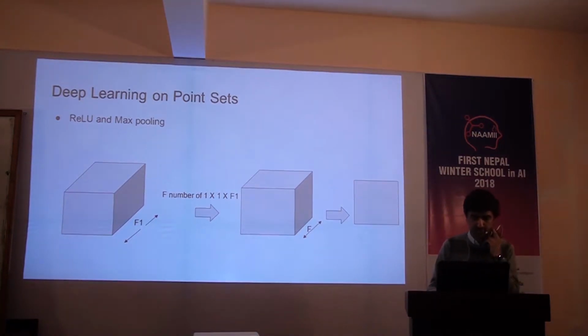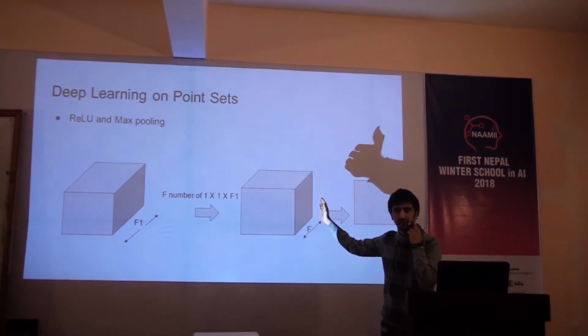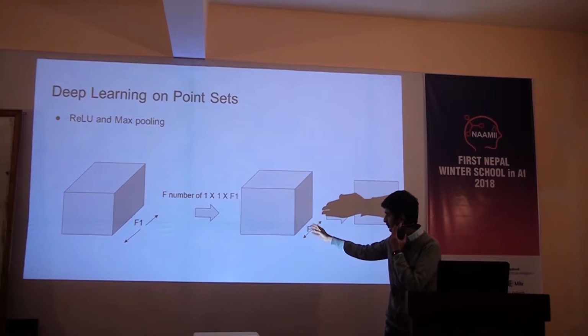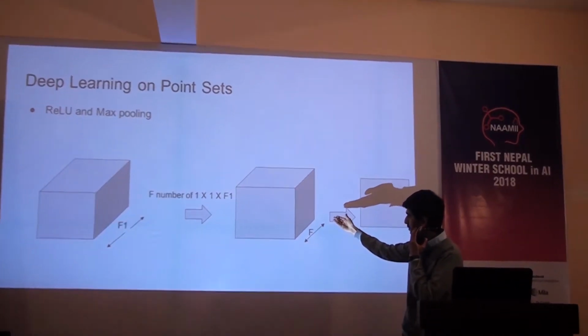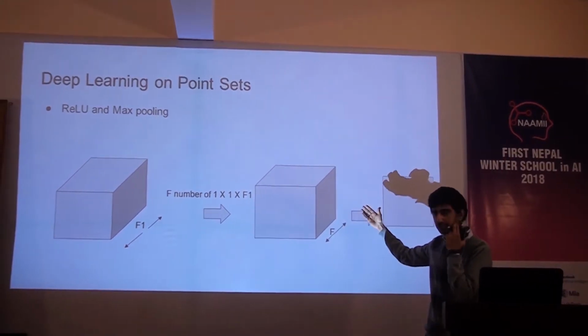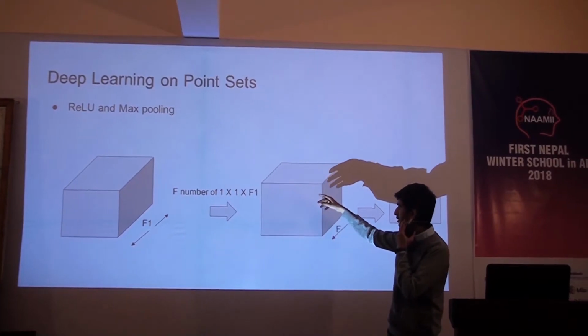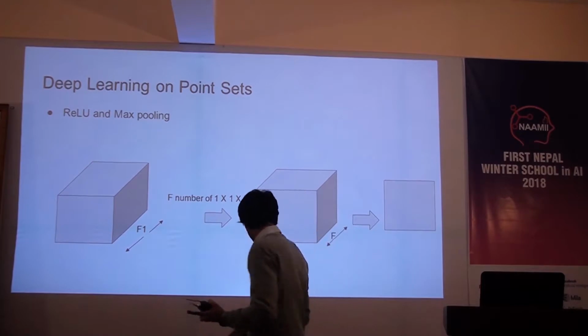And then there is max pooling. Sorry, this is kind of misleading. So until here we are good, right? When we apply, we have F number of feature maps now, and you do max pooling. Let's say you have n by. So I guess I need to do it on the board. Sorry about that.